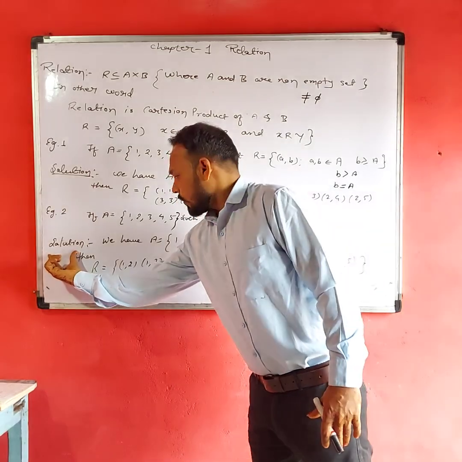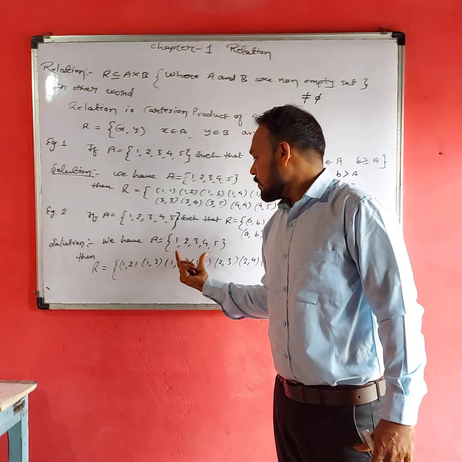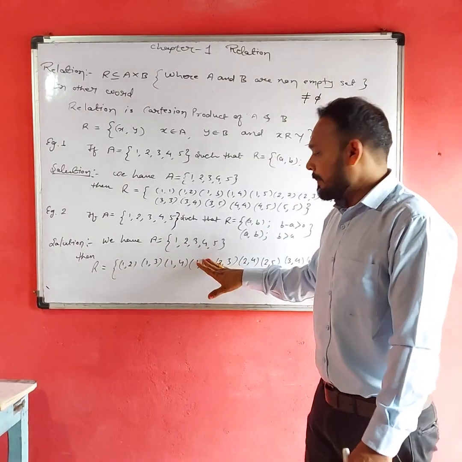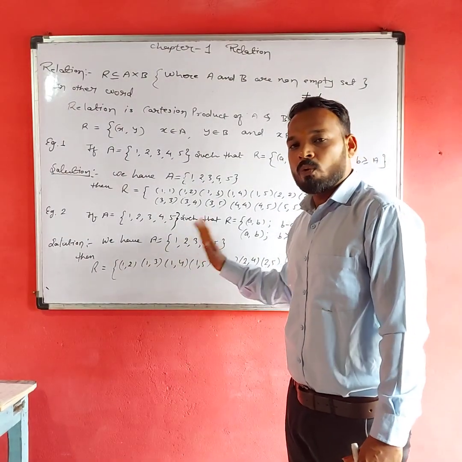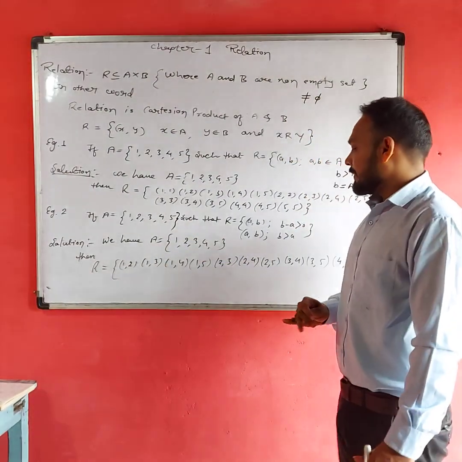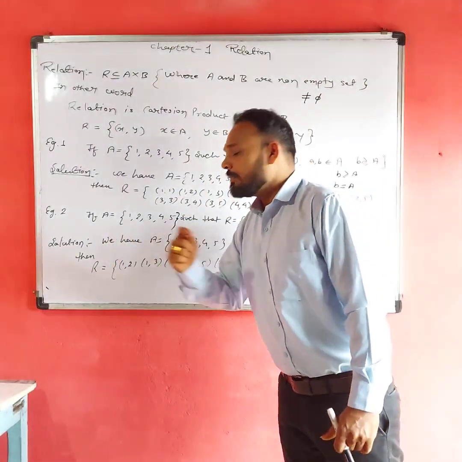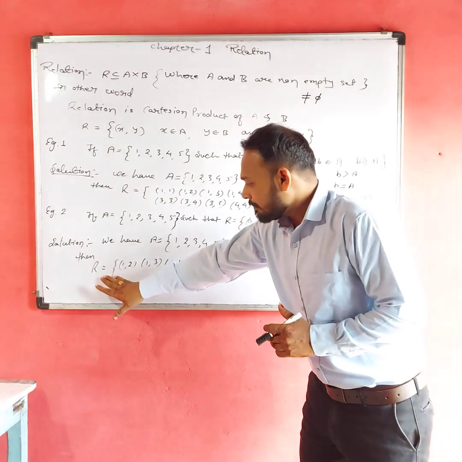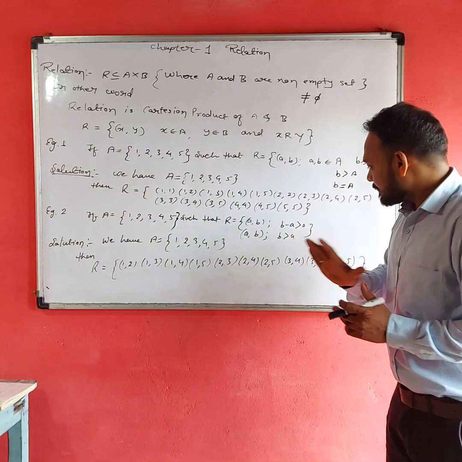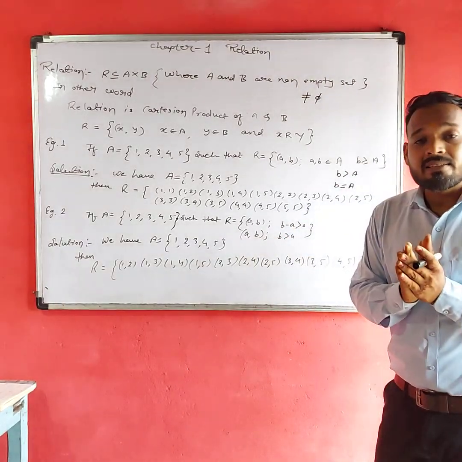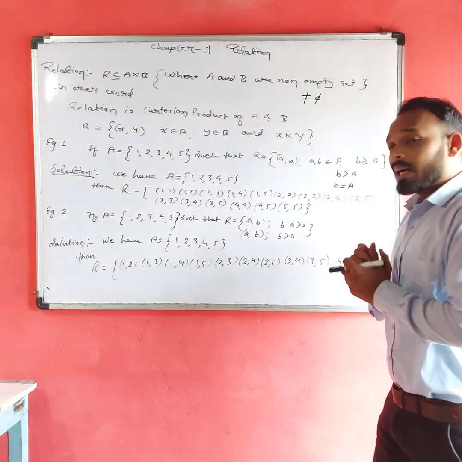Let's see the solution. Okay, we have A equal to {1, 2, 3, 4, 5}, and the first element is related to every element, then the second element, third, fourth, fifth, every element we are using. Then the relation, firstly we will see what the condition is. What's the condition?